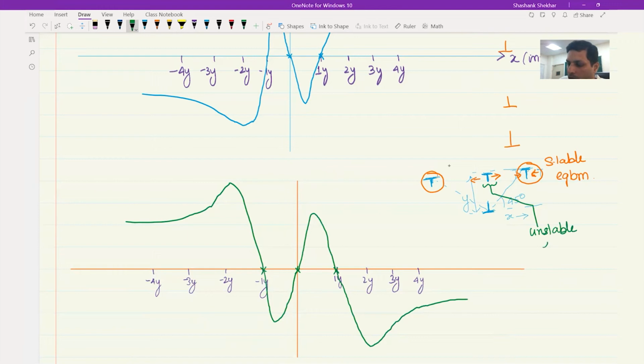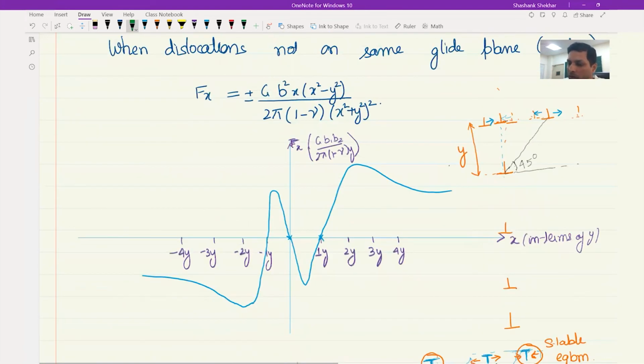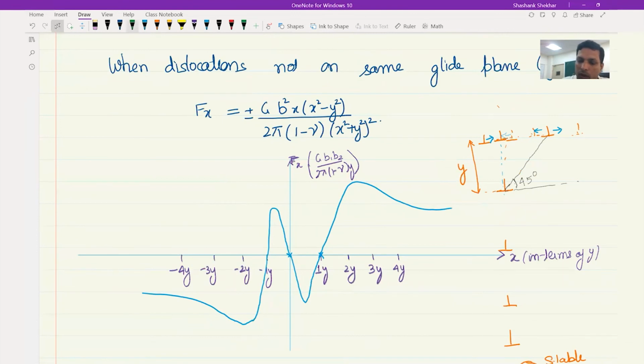And now that we are talking in terms of stable and unstable equilibrium, let me also mention here that this one is a stable equilibrium. And this one, and there will also be some here at minus 45 degrees. These are unstable equilibrium.